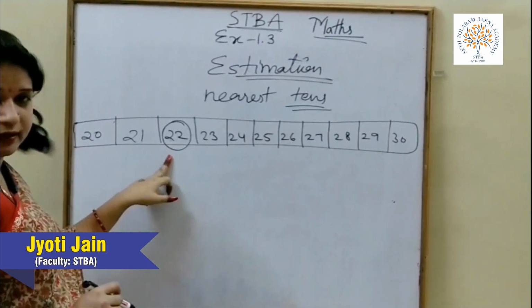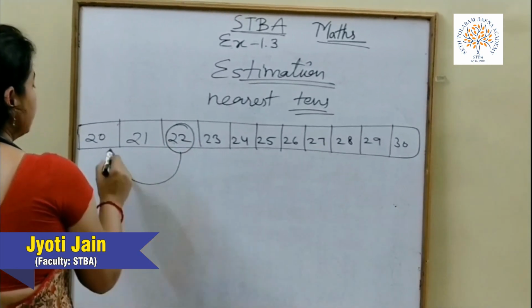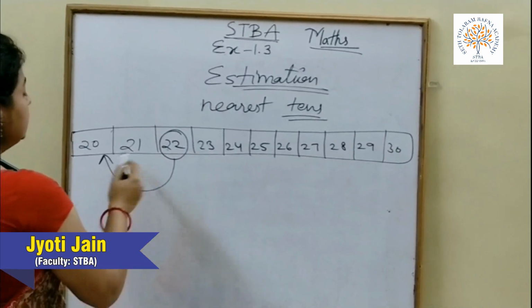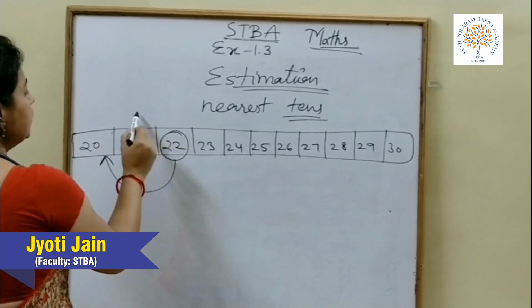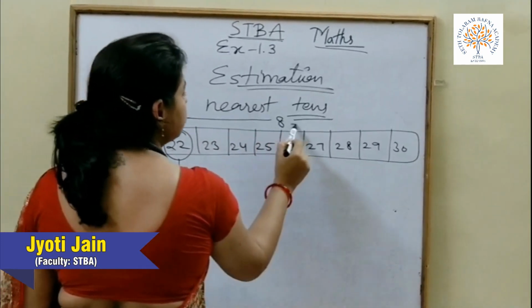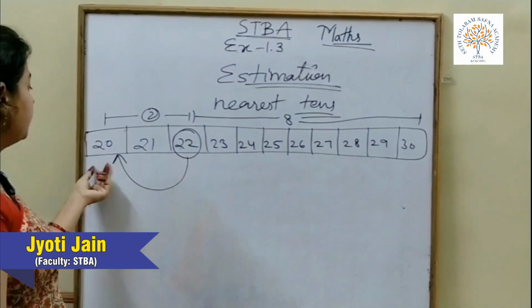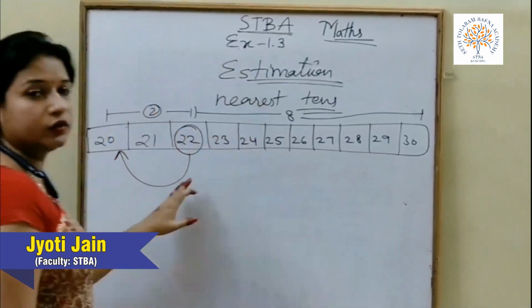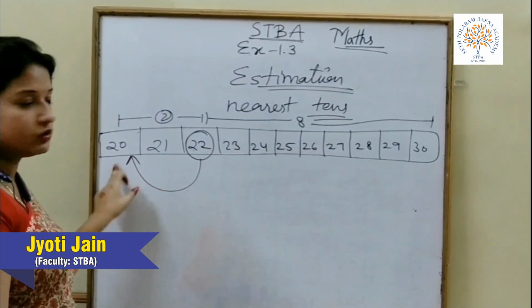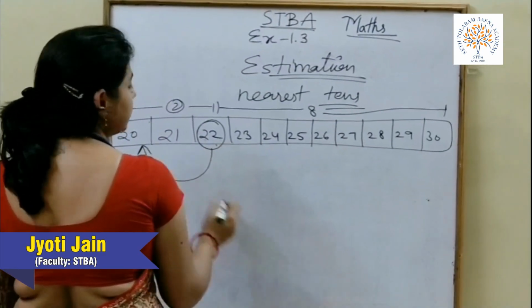For 22, nearest tens of 22 is 20. You can see the difference on this side is 2 and on this side is 8. For 22, nearest tens can be 20 or 30, but on this side the difference is 2 and on that side 8. So nearest tens of 22 is 20.